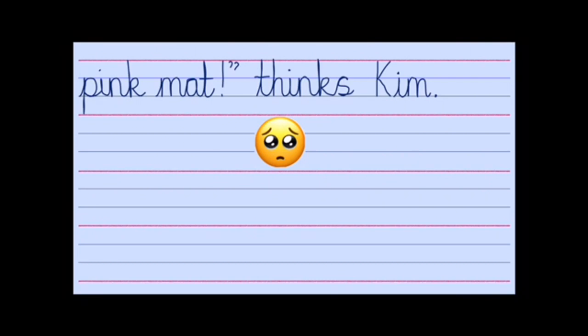Let's do. And this is spoken, so what do you need? Speech marks. How did you get on with let's? Did you remember the apostrophe for the missing letter in us?